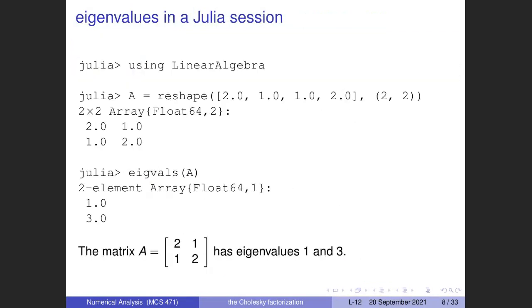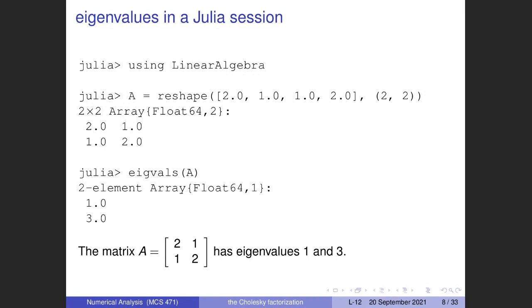Okay, so let's look at how we can do that. We will check our simple example matrix in Julia. We enter the matrix as a list and reshape it into a 2 by 2 matrix. Then computing the eigenvalues, we find the eigenvalue 1, as in the example, and then we have the eigenvalue 3.